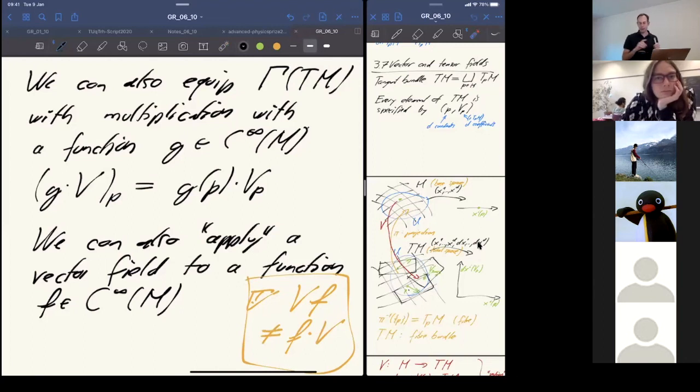So, okay, let me make an example. Generally, if I have two vectors at two different places, and now I want to see how the vector changes, then what it means is that I somehow compare these two vectors and I take the differential.